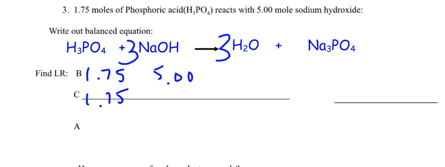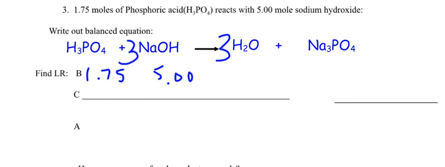I'm sorry, silly Mrs. Vanderlooy, times 3. 1.75 times 3. What do I get? I got 5.25. Can't do that, can I? I'm going to get a negative number. So that is not my limiting reactant. So the 5 is my limiting reactant.